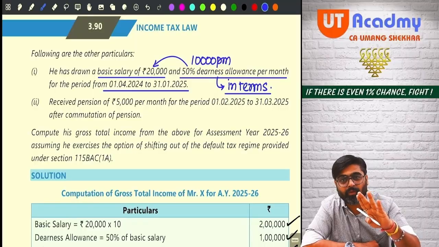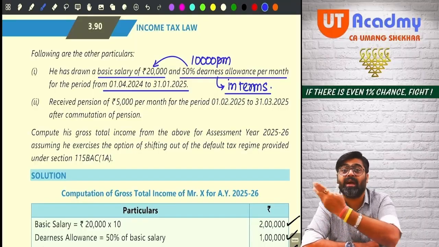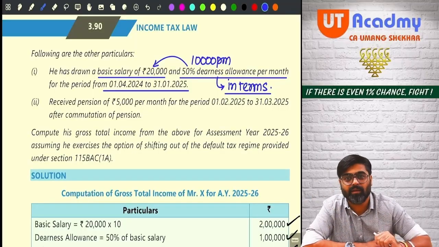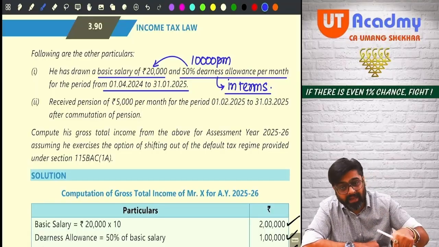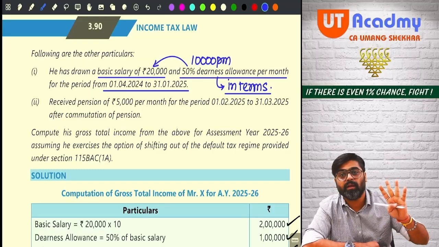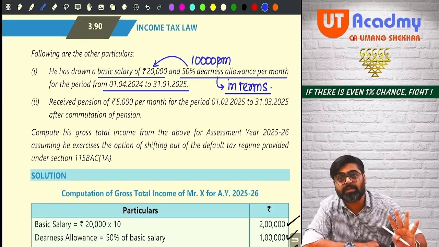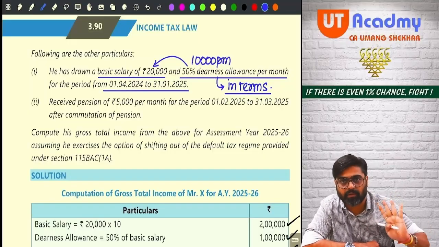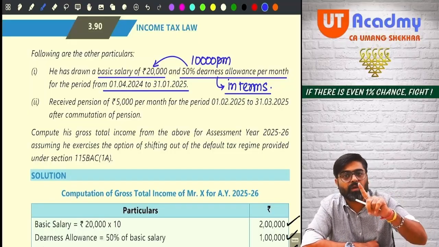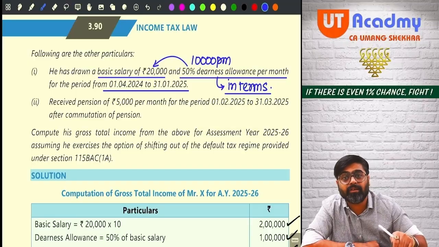Getting my point? Which we are anyways going to get, because we are assuming DA in terms only. And here we have to take this DA as in terms only, because only then it will be a logical answer. I will prove why I am taking it in terms. So we are going to take DA as in terms.